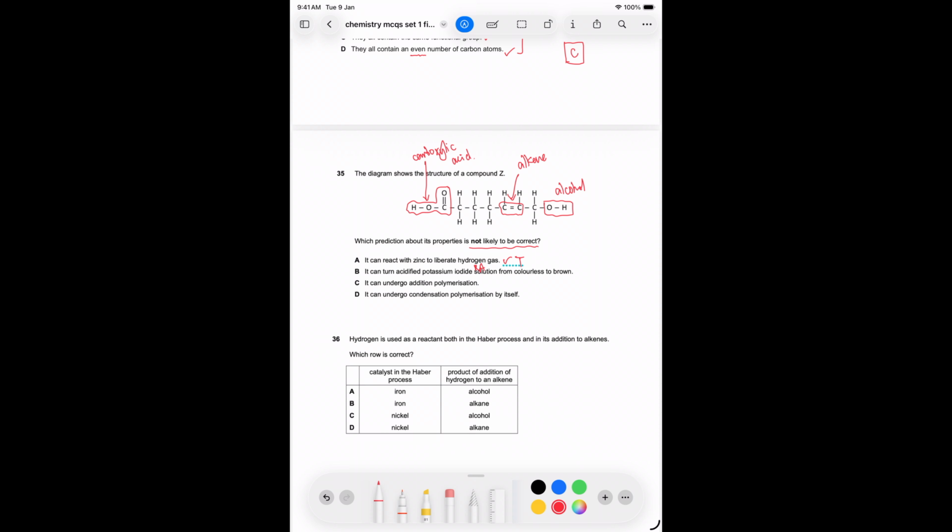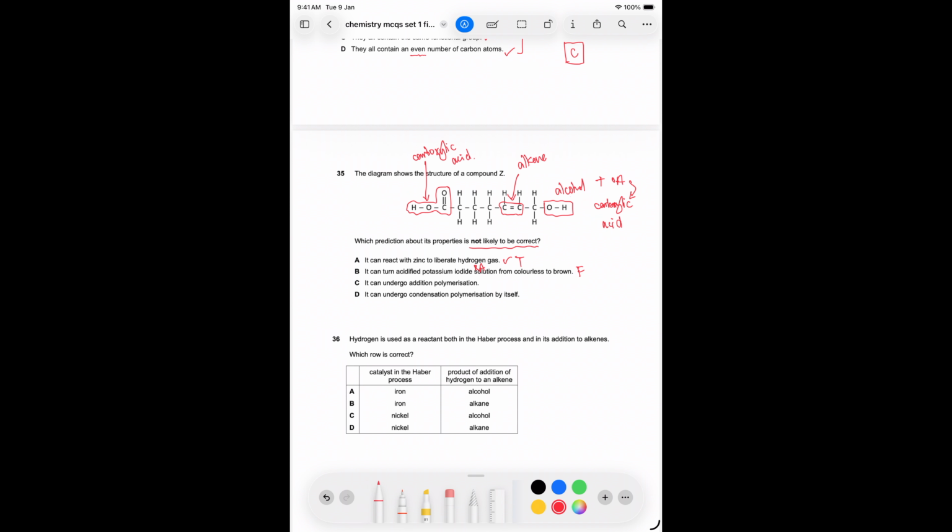Is it true? No, the closest is actually alcohol. Alcohol can react with an oxidizing agent to form a carboxylic acid. So it does not really react with a reducing agent. So this one I'll put as false.